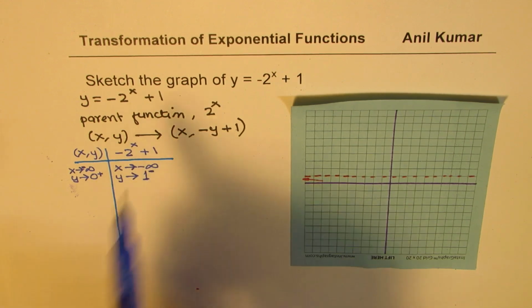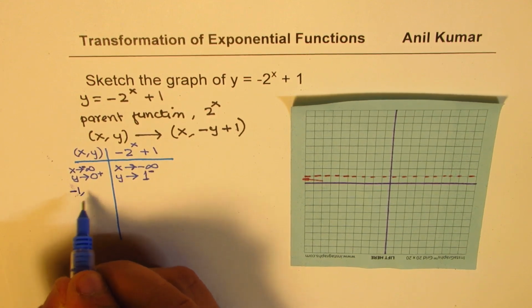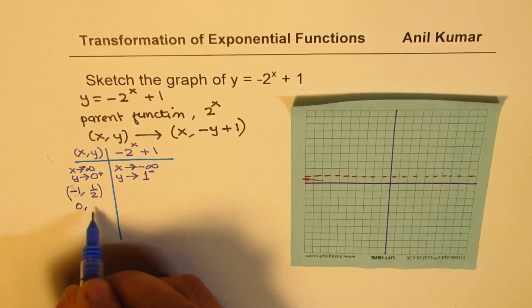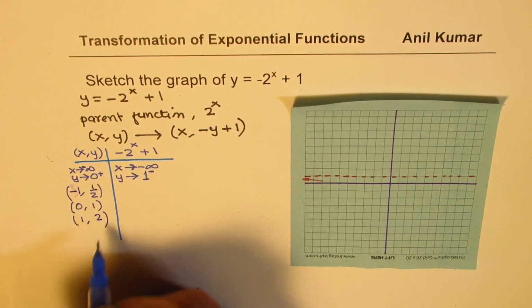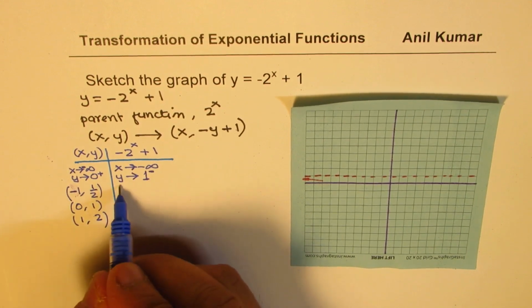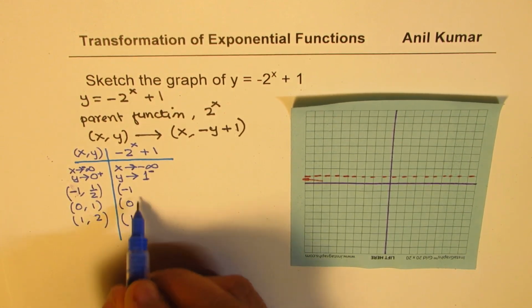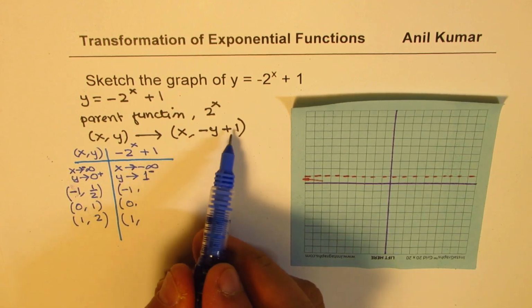Now, the original function 2 to the power of x, if the x value is -1, the y value is half. If the x value is 0, the y value is 1. And if the x value is 1, the y value is 2. Now in this case, the x values remain the same, which is -1, 0, and 1. However, the y values, we have to make negative and add 1.